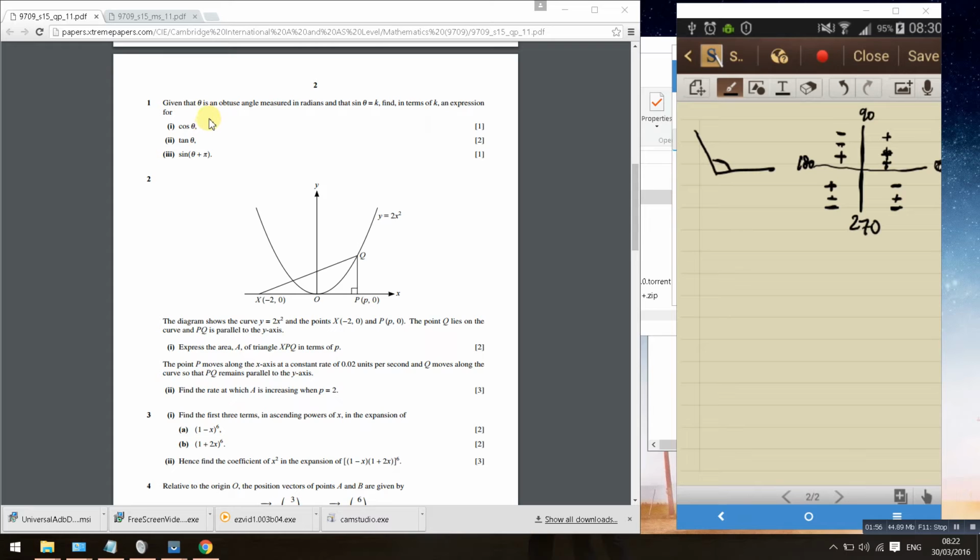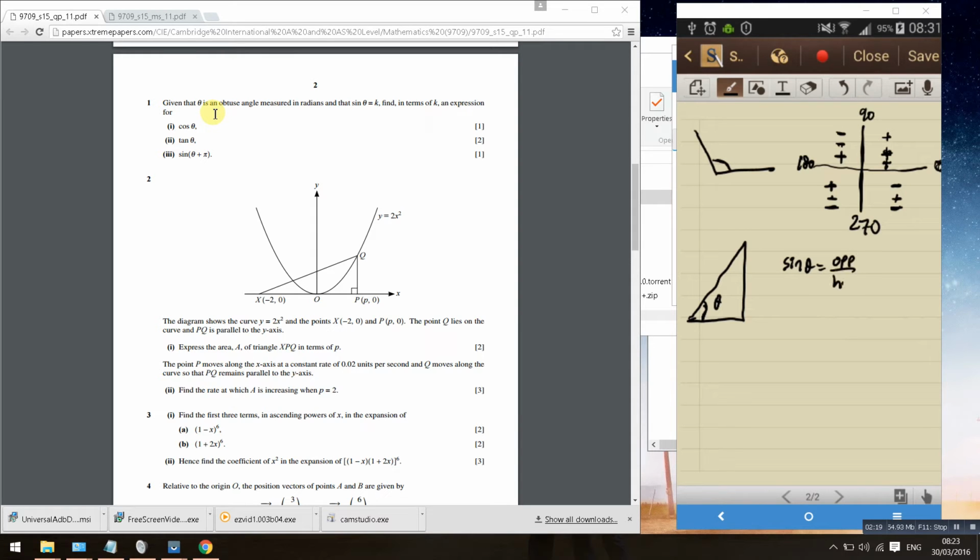And now let's get to the question. The question wants us to express cosine theta in terms of k. What they've given us is that sine theta is equal to k. So the first step is to draw a triangle, and we let this angle be theta. And you know that sine theta is equal to opposite over hypotenuse.